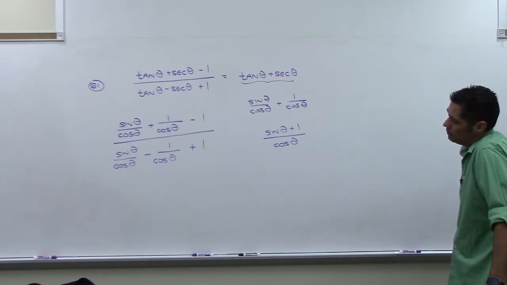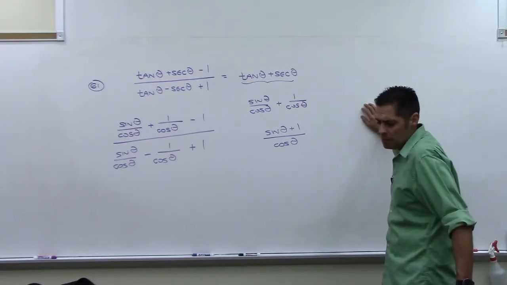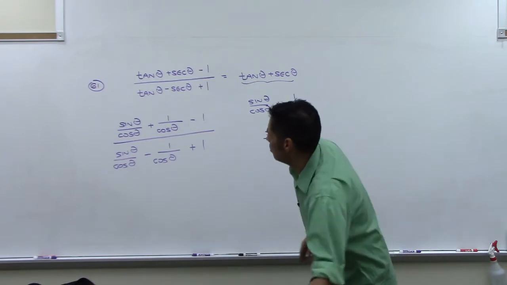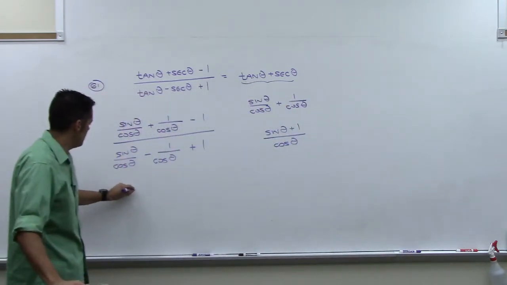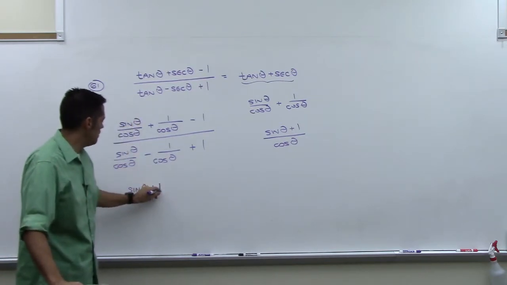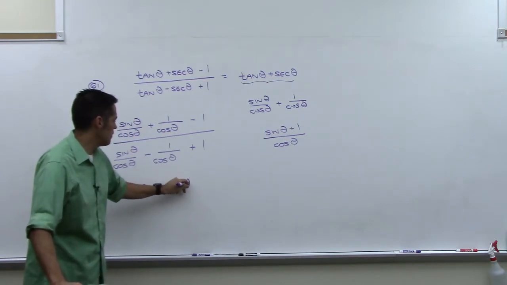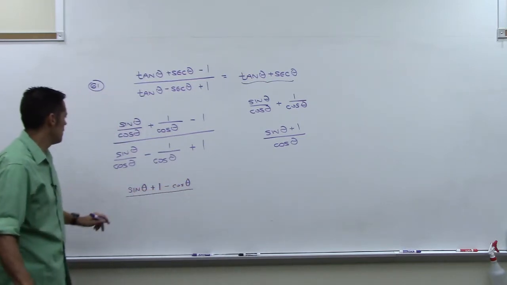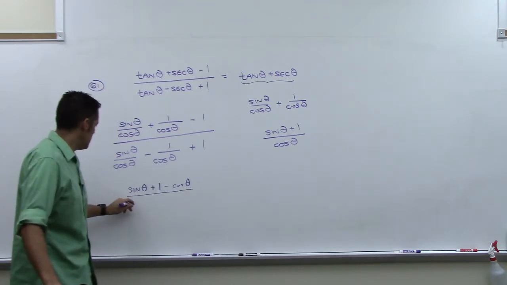When I multiplied through by cosine, let me just make sure I did that multiplication through first. When I multiplied by cosine on the top, I got sine theta. Multiply cosine here, I get plus 1. Multiply cosine there, I get minus cosine theta. And all over, multiply cosine here, I get sine theta.